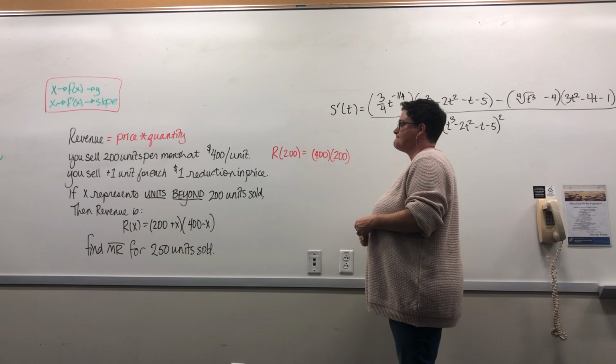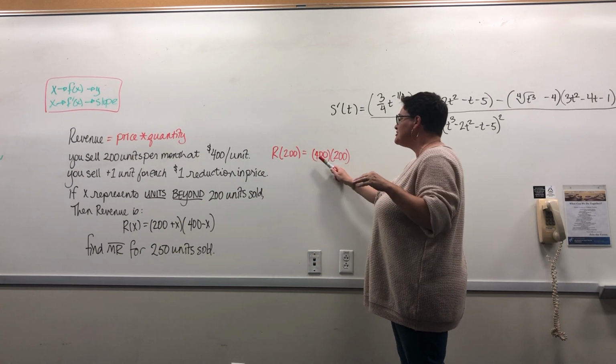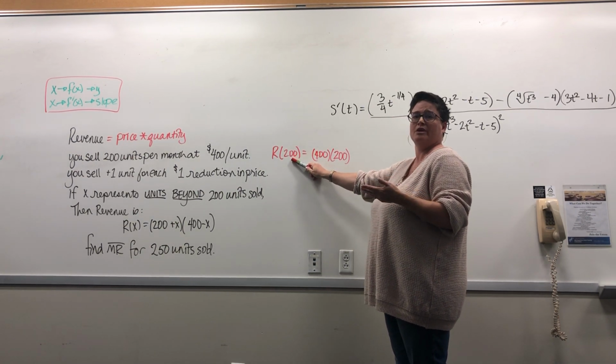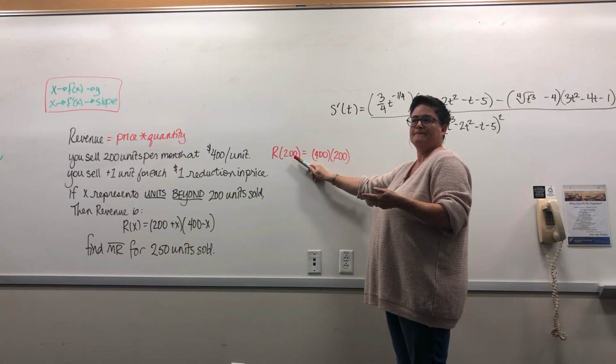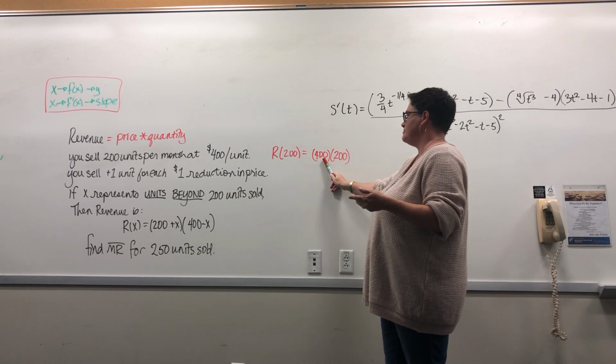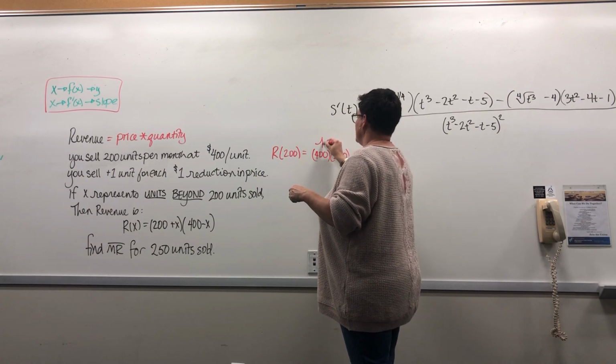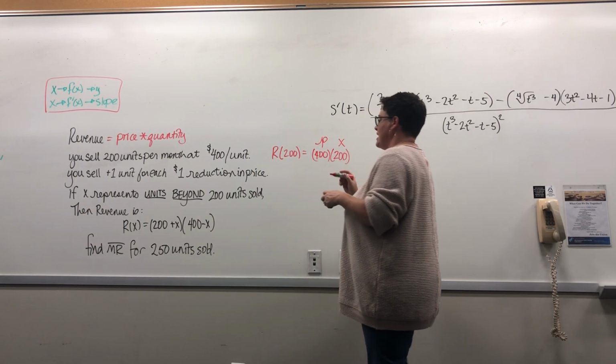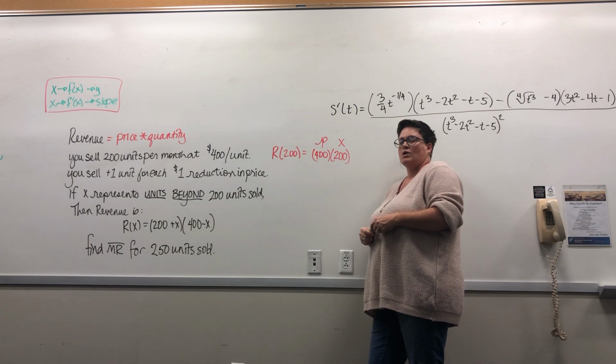But we have to modify this because this is only good for 200 units sold, right? So now we have to modify our price, P, and our quantity, X.